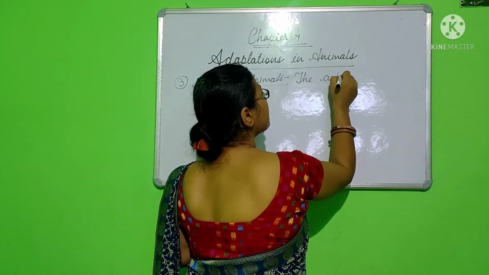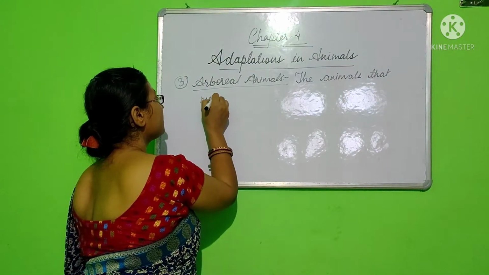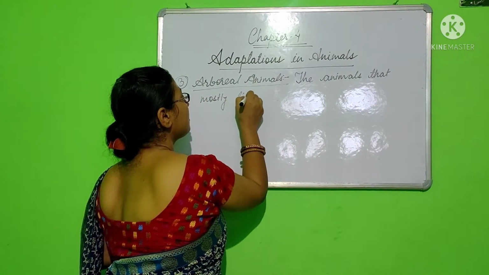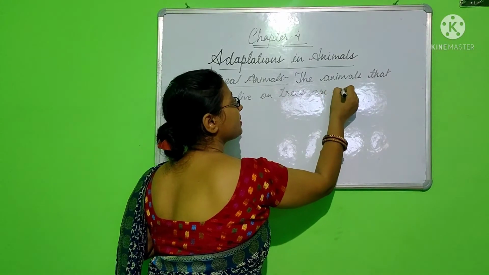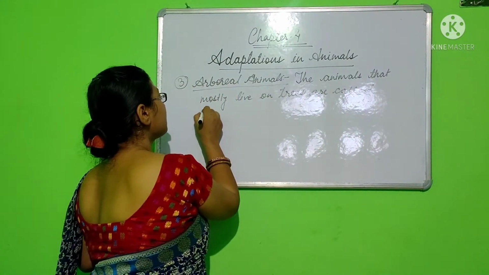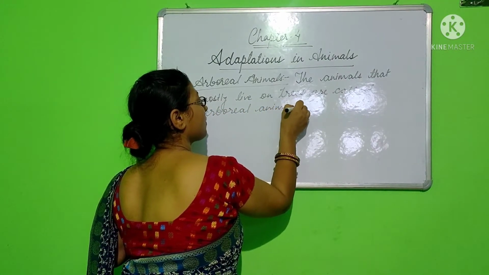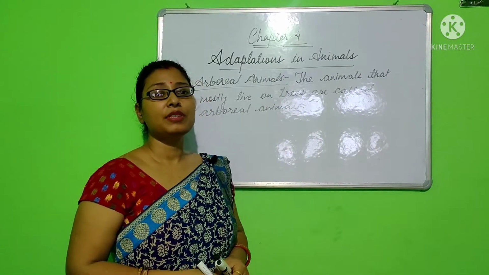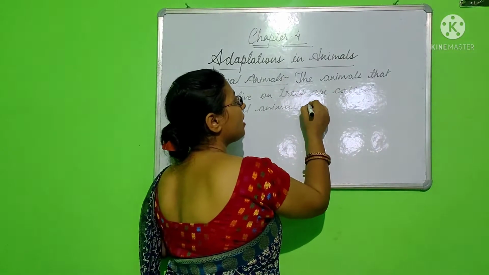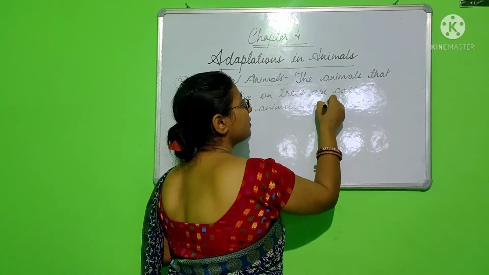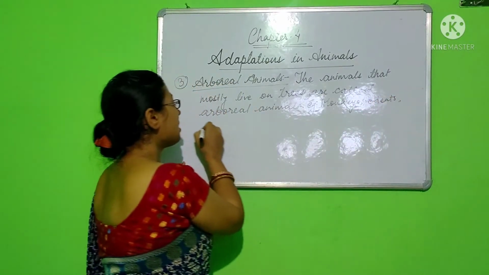The animals that mostly live on trees are called arboreal animals. The examples of arboreal animals are monkeys, langurs, koalas, sloths. They are all arboreal animals. Some kinds of rodents are also arboreal.